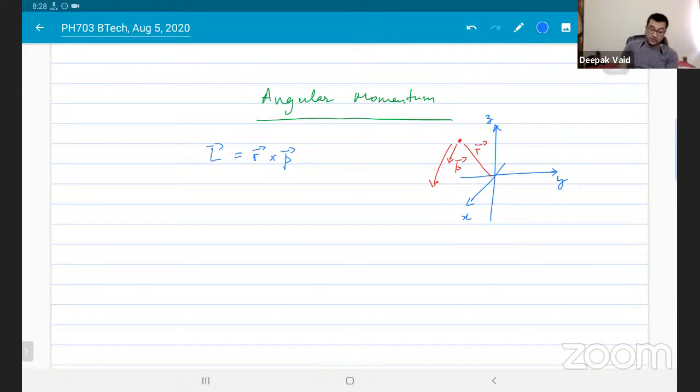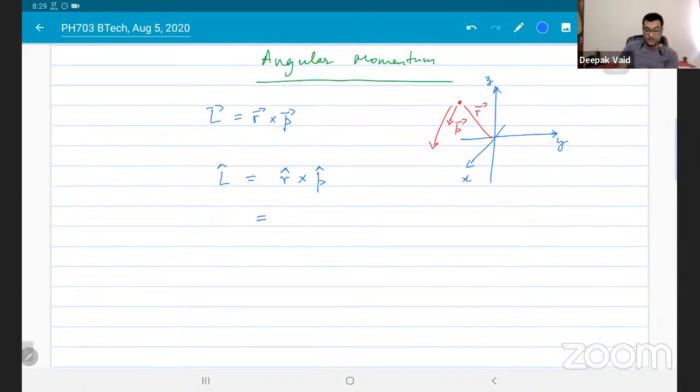Now one can ask, what is the operator equivalent of this angular momentum? The operator equivalent would be r hat cross p hat. And if we work in the position representation, the r just becomes the vector r.